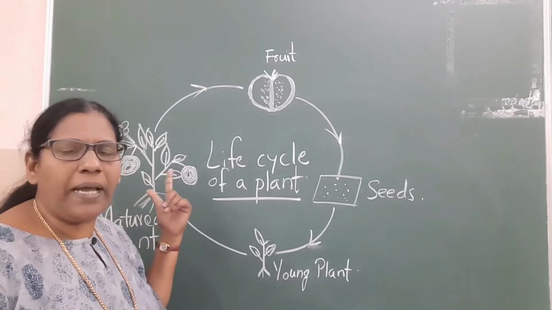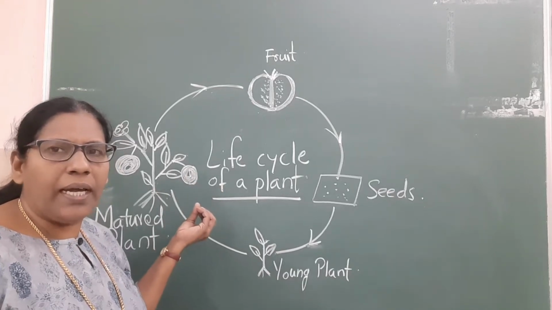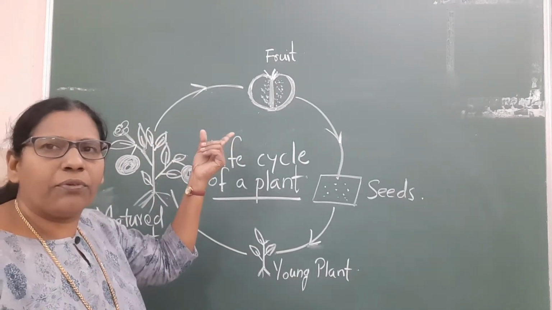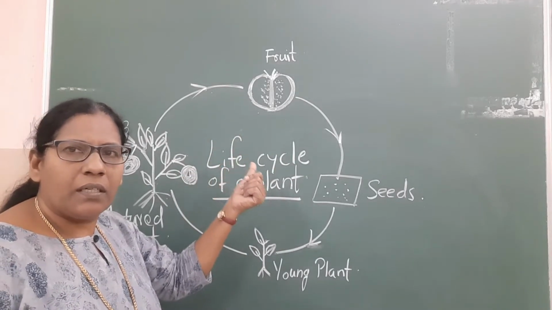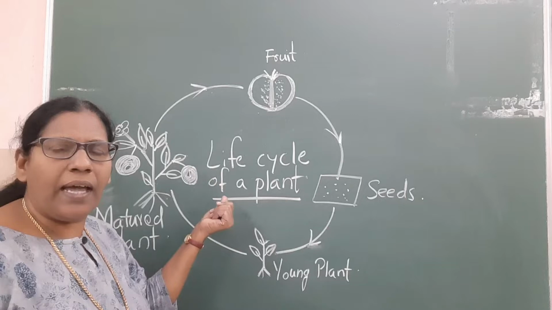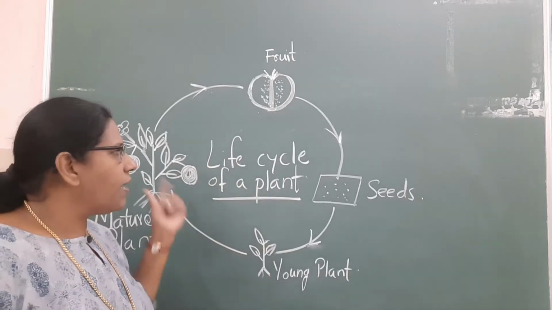Again this matured plant gives us flowers, and flowers turn to fruit, and then again in the fruit there will be seeds. This is the life cycle of a plant, and in sexual reproduction this is how reproduction takes place.